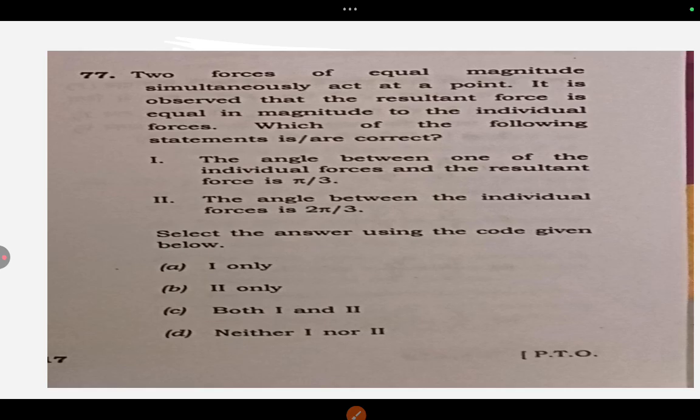Which of the following statements is correct? Statement 1: the angle between one of the individual forces and the resultant force is 5 pi by 3. Statement 2: the angle between the individual forces is 2 pi by 3. Select the correct option using the statements. Clear? This uses the concept of the law of parallelogram.